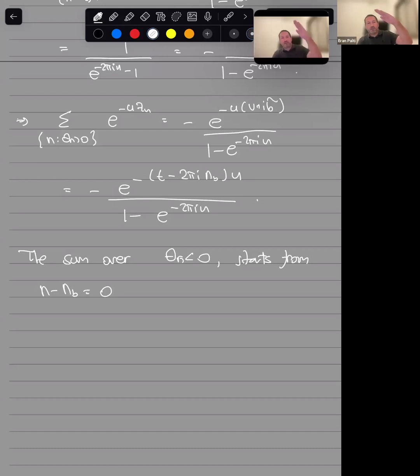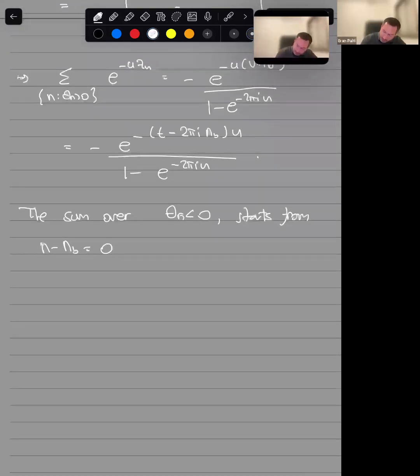Because b tilde is positive, the way we split it is that with the sum of an infinite number of n's, we start from n minus nb equals 1, and then all the other n's, and then from the ones at the bottom, we start from n equals nb, and then all the way down to the negative n's.